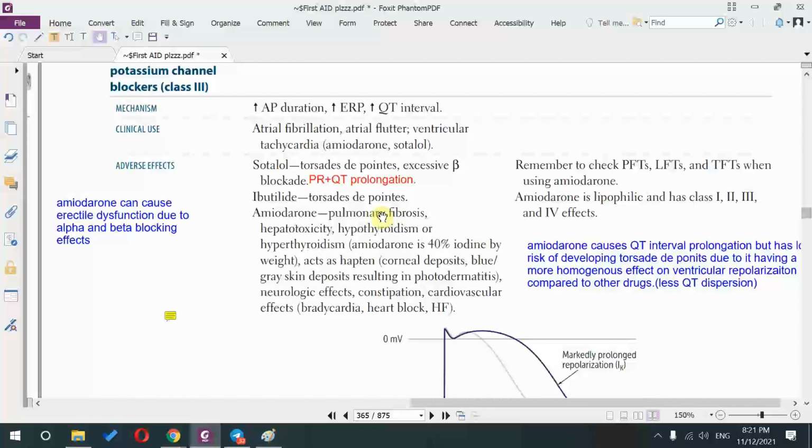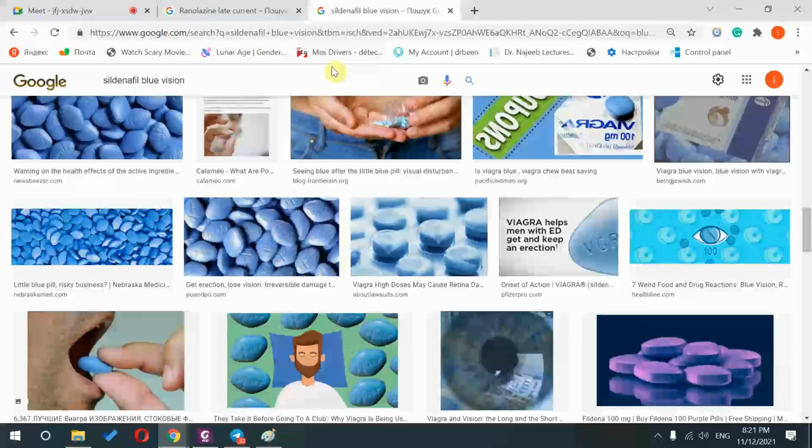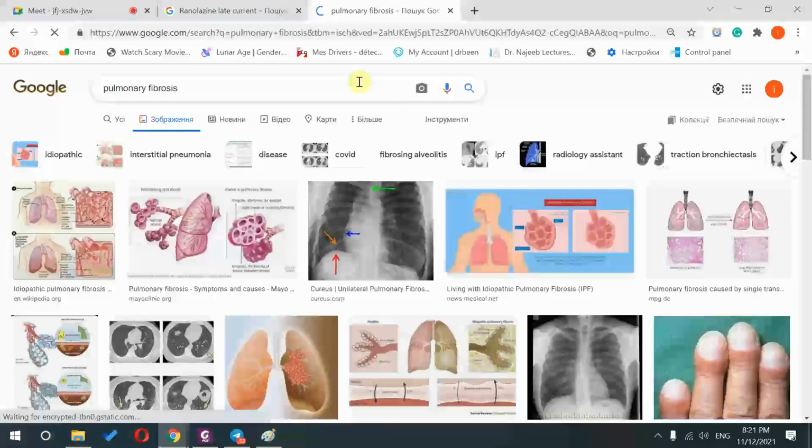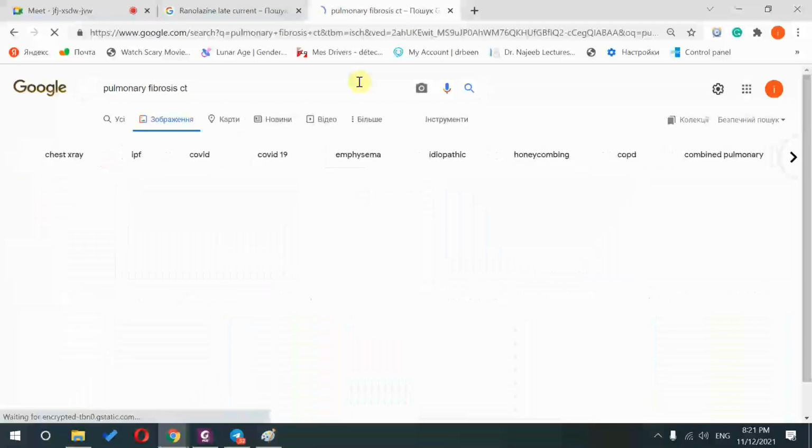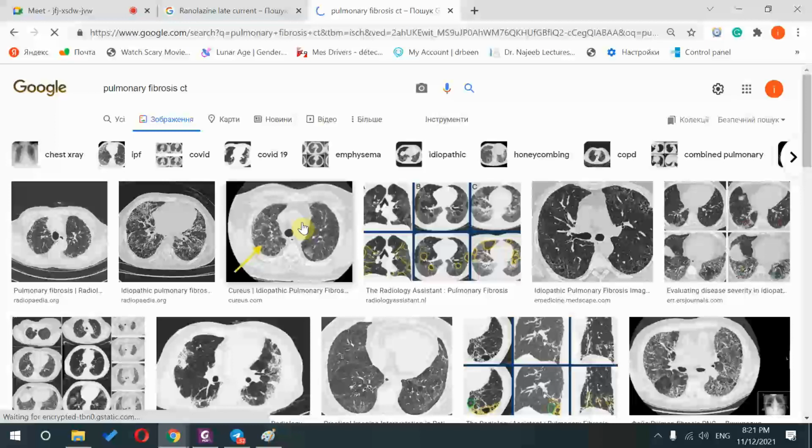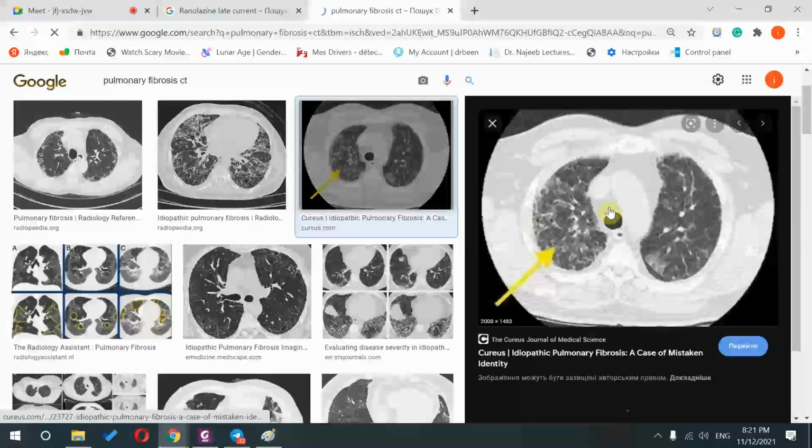Okay, now the amiodarone. I love this drug. It can lead to pulmonary fibrosis. Pulmonary fibrosis will lead to restrictive lung disease, and you can see it here in the chest CT and how it damages the lung with all of this fibrotic tissue.